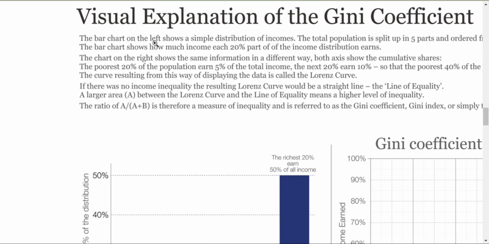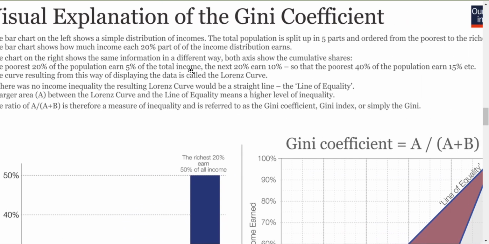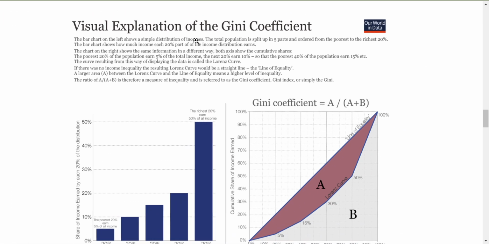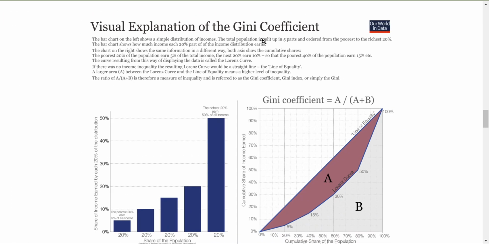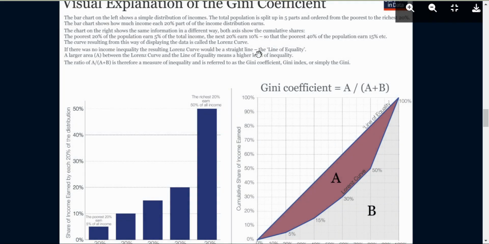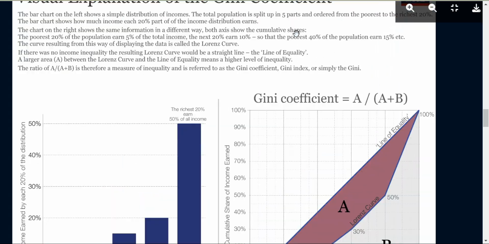The bar chart on the left shows a simple distribution of income. The total population is split up into 5 parts and ordered from the poorest to the richest 20%.